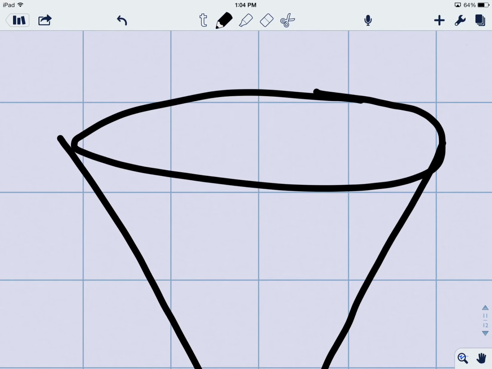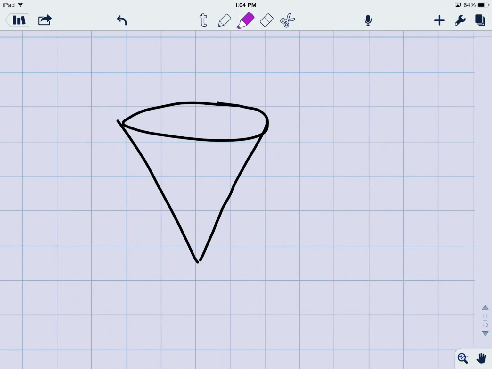The lateral area. Guys, if you want to find the lateral area, it's all of this thing, so you just take out the pi r squared, not the circle. Paisley, your question is very good.